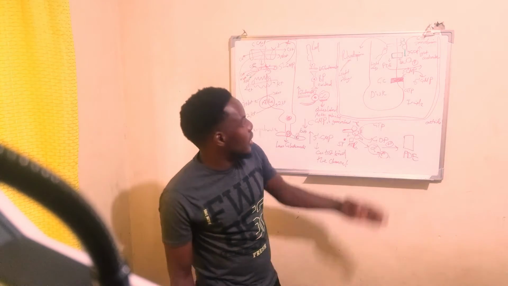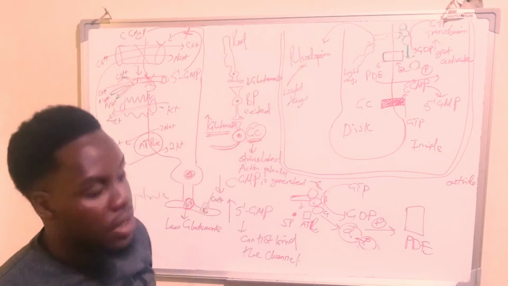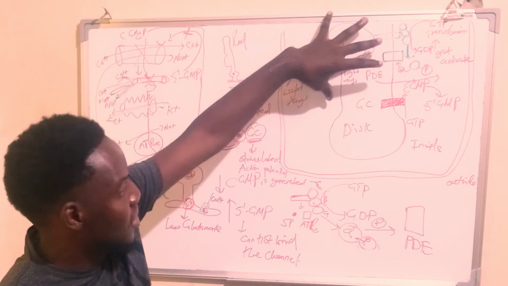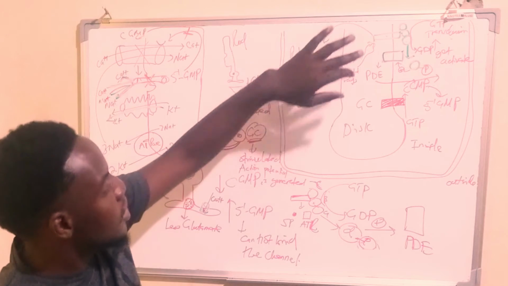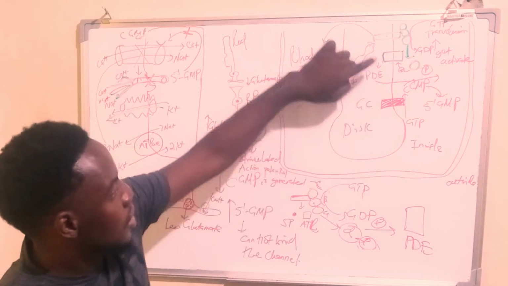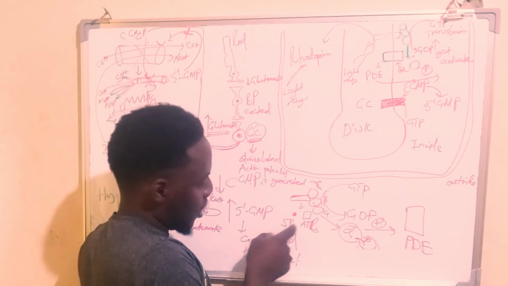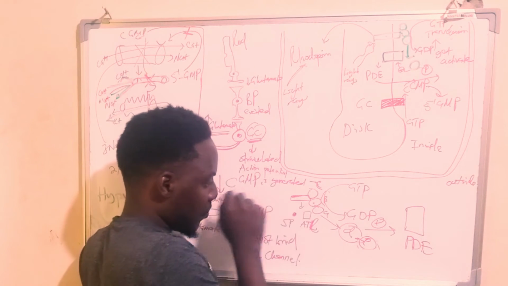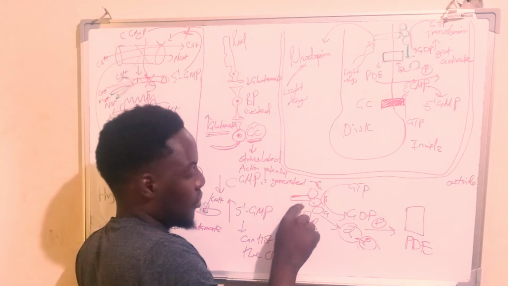Okay, let's run through what we are saying here. Light rays have hit this rhodopsin in the membranous disc of the outer segment of this rod. Rhodopsin is made up of scotopsin and 11-cis retinal.